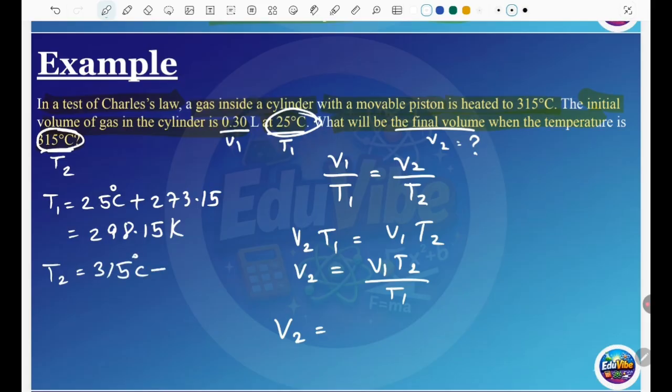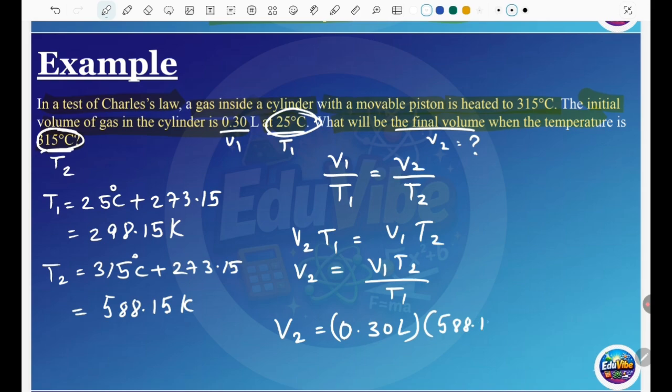T2 is 315 degrees Celsius plus 273.15, and you will get 588.15 Kelvin. So V1 is 0.30 liters, times T2, 588.15 Kelvin, divided by 298.15 Kelvin.